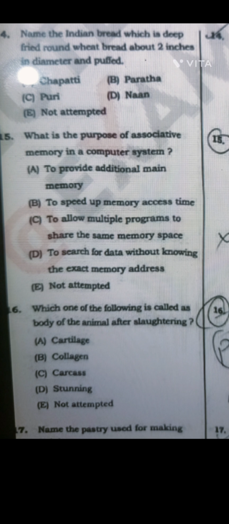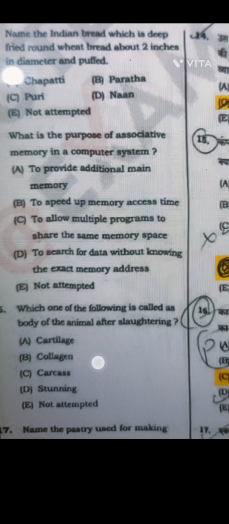The purpose of associative memory in a computer system is to search data without knowing the exact memory address.